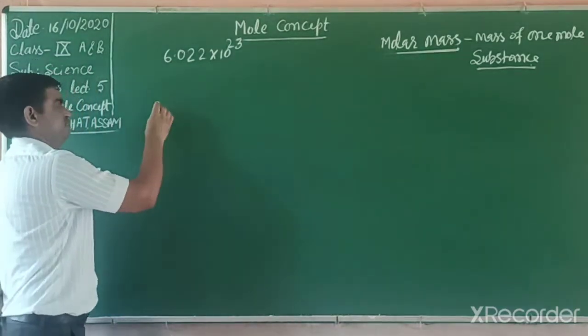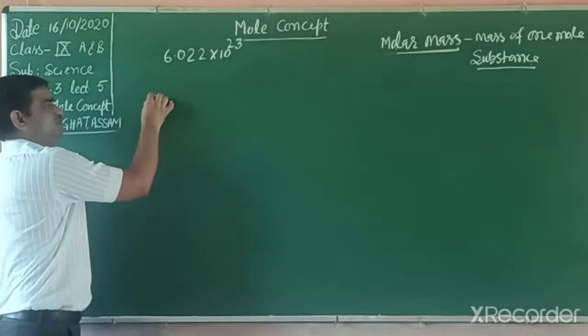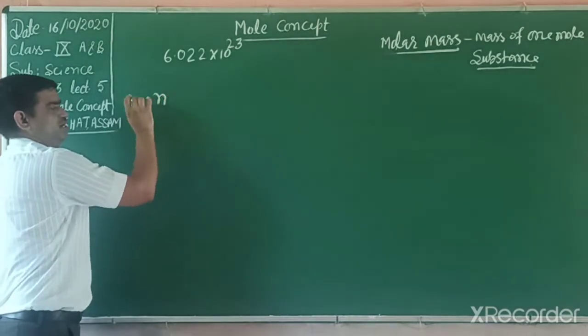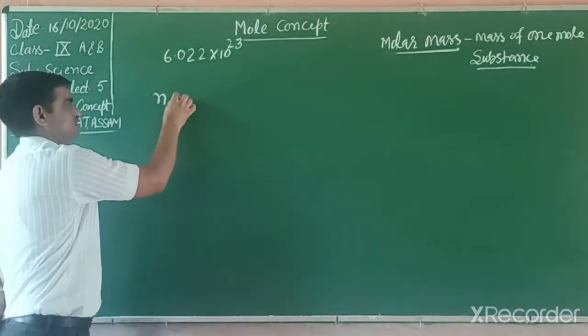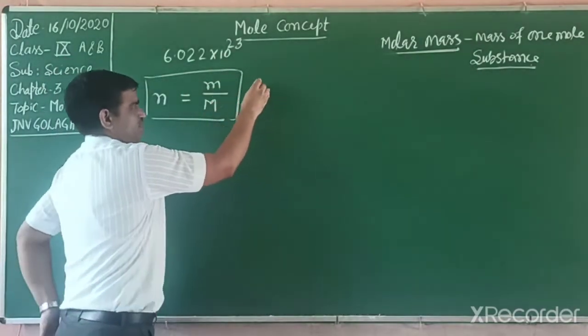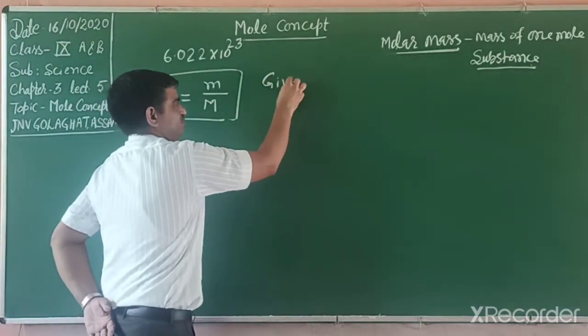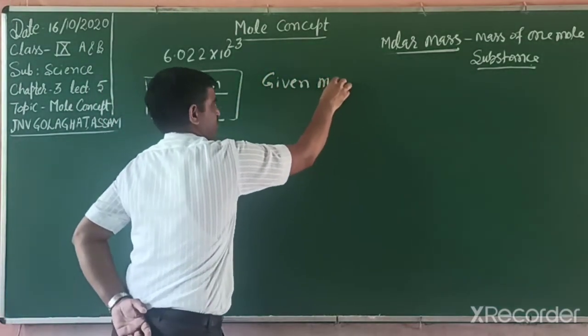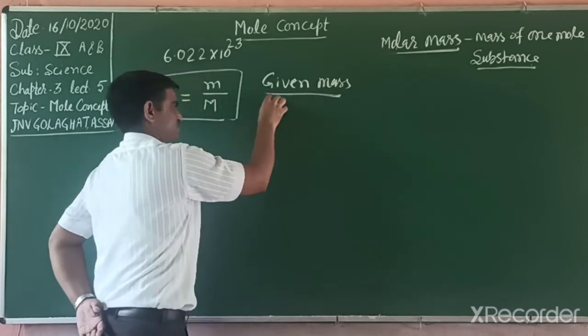Now students, find the formula for mole. The mole formula we can write in this way. Mole is represented by small n, given mass by small m, and molar mass by capital M. This formula derives the mole: given mass divided by molar mass.